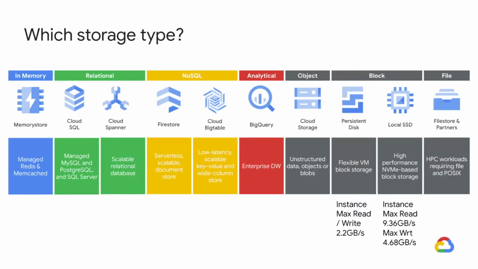Those appear as a persistent disk or local SSDs, or file offerings like Filestore as a fully managed NFS offering, or partner offerings built on that. For the case of DAOS, we are going to use the local SSDs, which are exposed as NVMe devices, and provide up to 9 GB per second per server node.